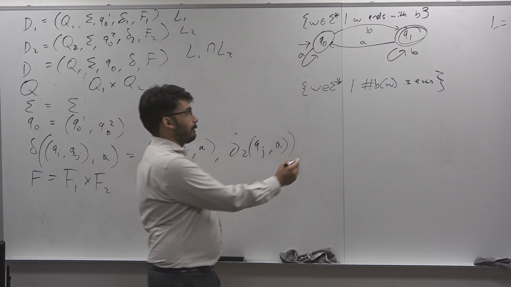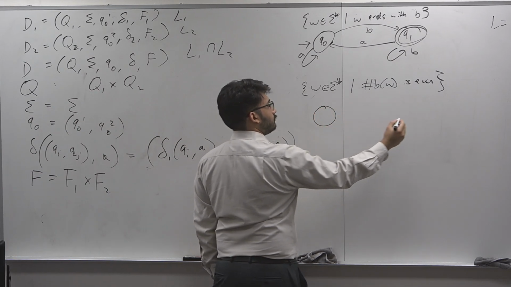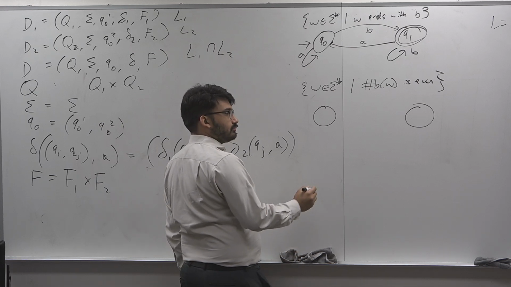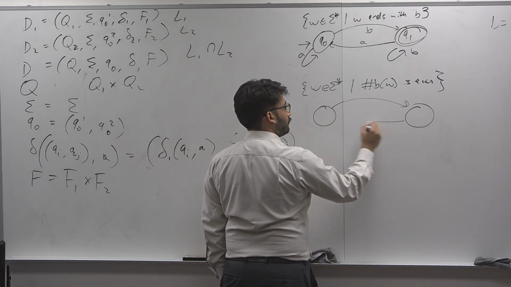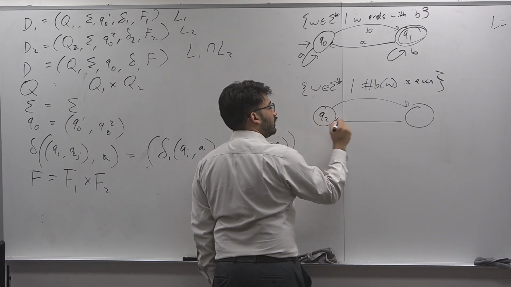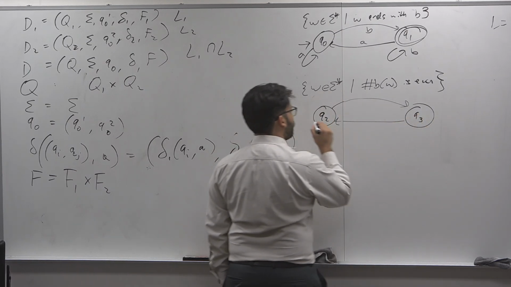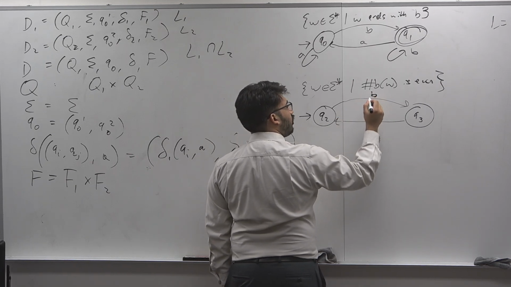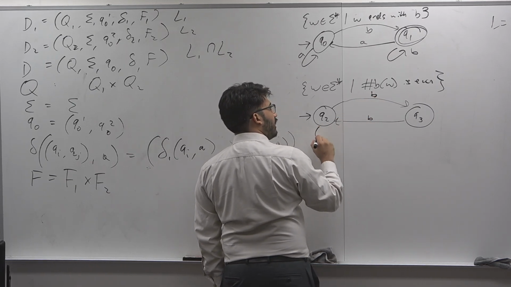Two. It's the same thing as the problem we did earlier with the number of A's even, just flipped. And just to call them something else, let's call these Q2 and Q3. Let's make Q2 the start. If you see B's, you go between them. If you see A's, you ignore them.